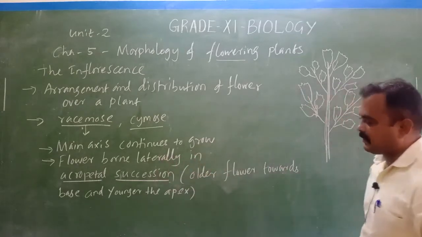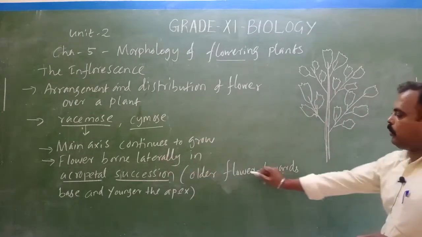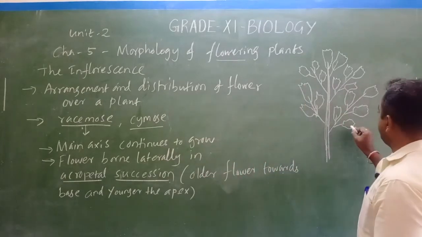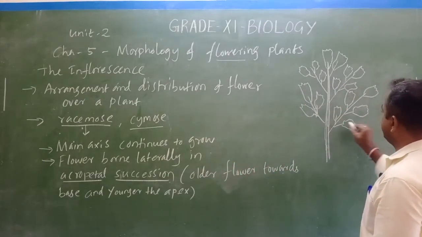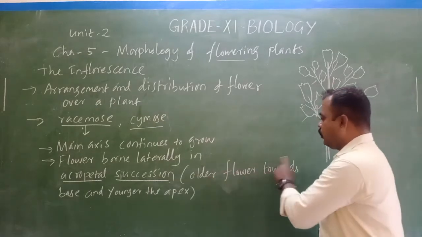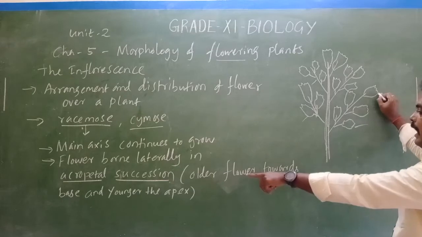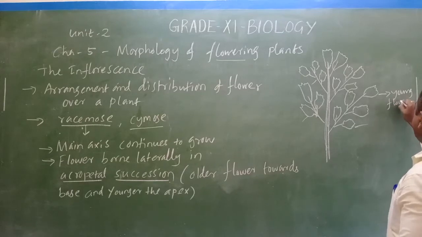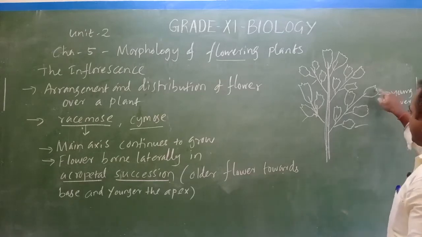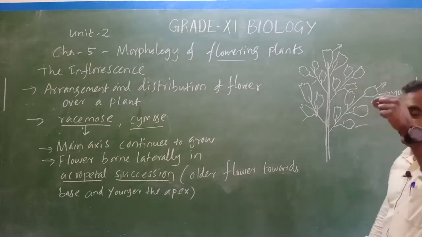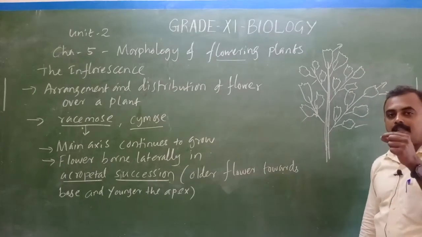Acropetal succession: what is that? Older flowers towards the base, so in the base we have older flowers. In the apex we have young ones. The tip is called the apex.